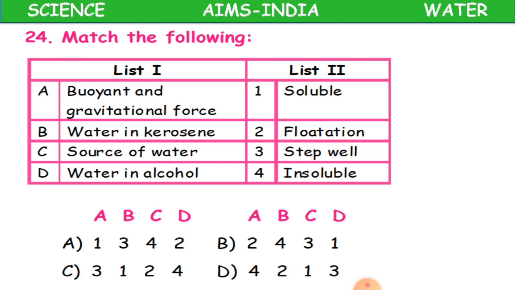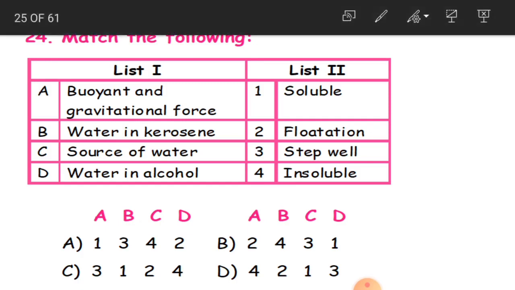In list 1, you have some sources and forces of water, and in list 2, they are named as soluble or some other feature. So we'll match list 1. Buoyant and gravitational force.